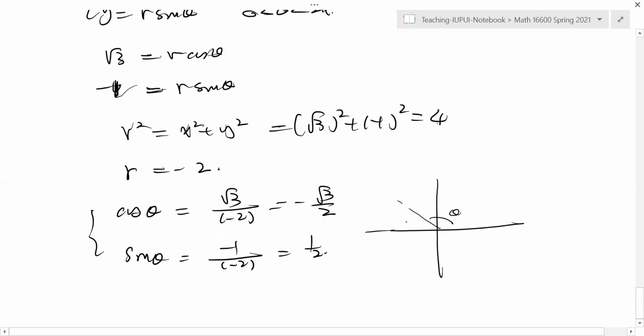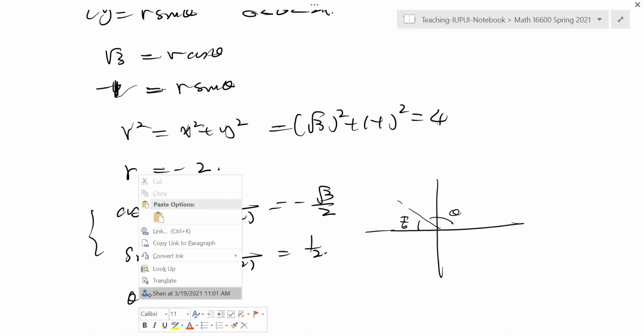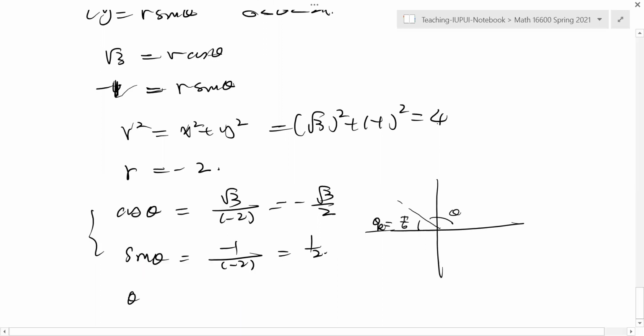The reference angle is easy to find out: it's pi over 6. So theta should be equal to pi minus pi over 6, which is 5 pi over 6. Okay, that is the angle.